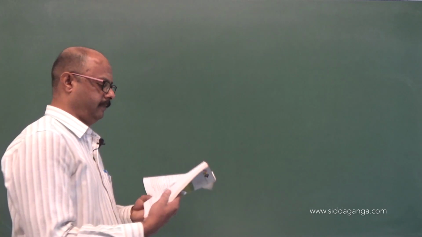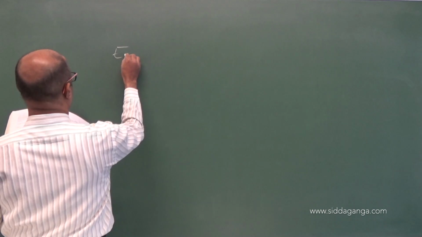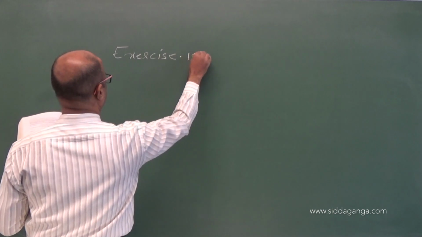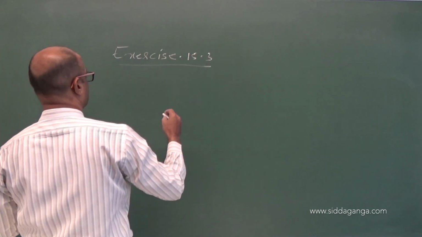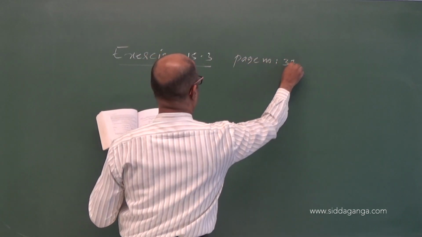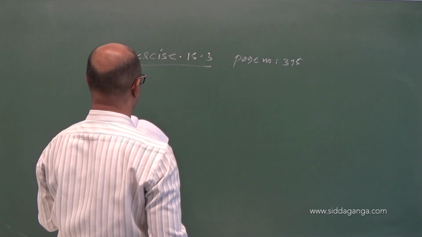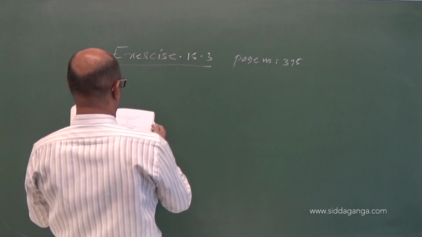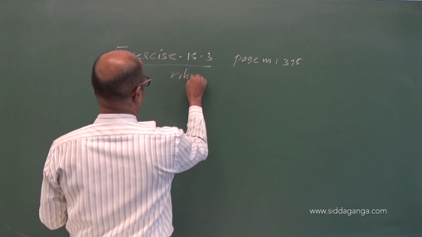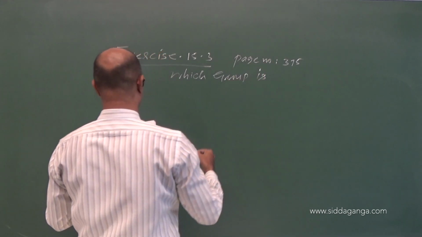Exercise 15.3, page number 375. Question is to find which group is more variable.